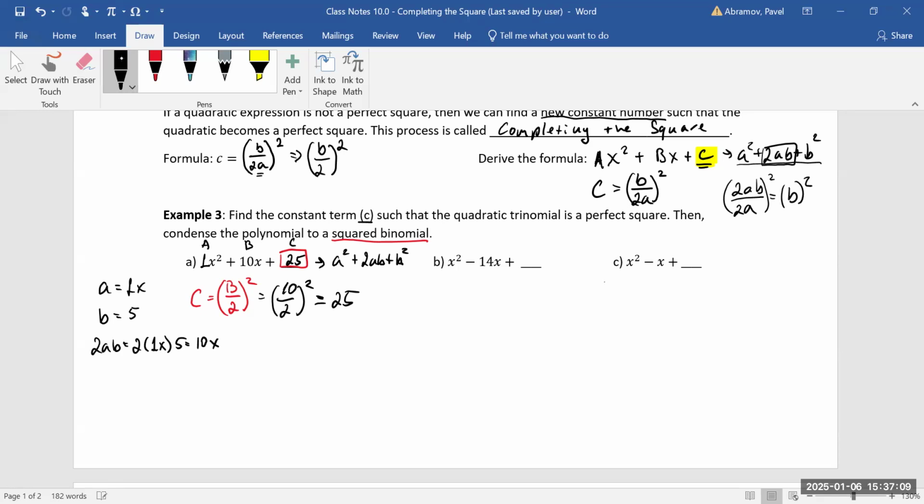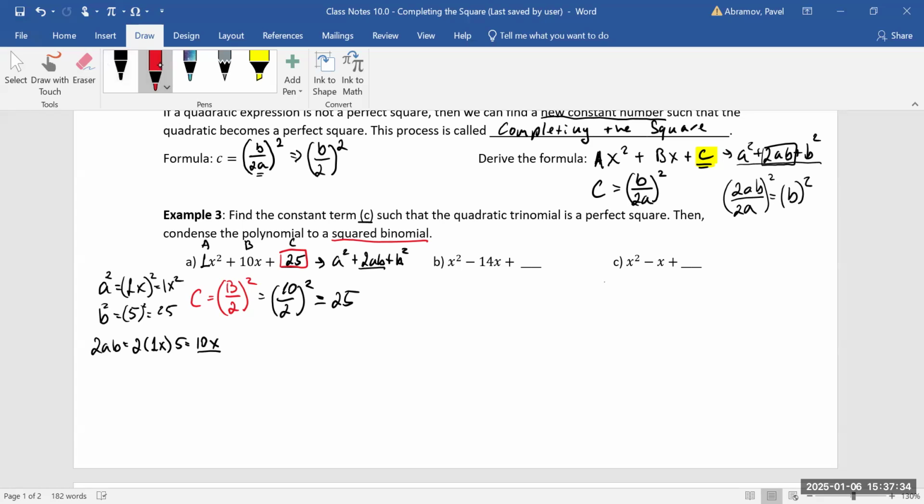So notice we do have a squared, which is 1x squared. Then we have 2ab, which is 10x, and then we have b squared, which is 25. Okay, so we have all of these parts. So therefore, this is a perfect square.